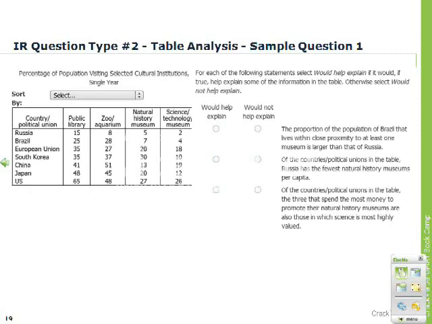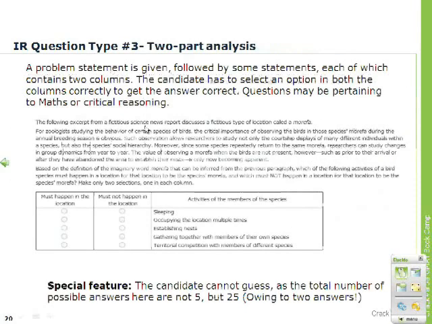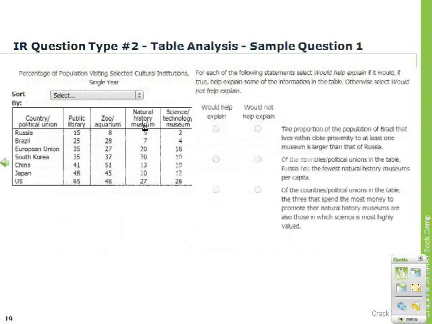Because if you assume Russia, only 5% is visiting the museum compared to the 7% in Brazil, and only 2% is visiting the Science and Technological Museum compared to the 4% in Brazil. In both cases, Brazilians are more likely to go to the museums, right? If they are living closer to the museums, why not, right?